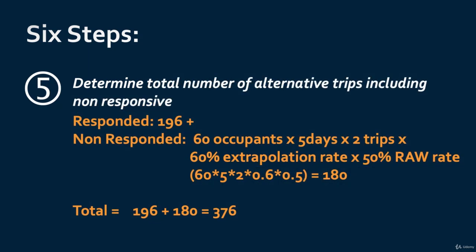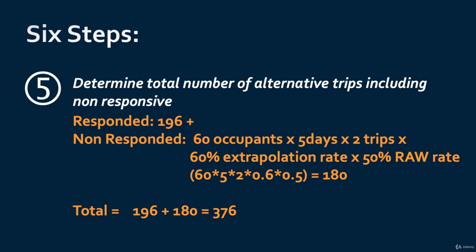This is the crucial part of the calculation. Determine the total number of alternative trips, including the ones of the people that did not respond. The ones that responded, straightforward, 196. Now, how to calculate the ones that did not respond? We have 60 occupants that did not respond, times 5 for the number of days, times 2 for the number of trips that they made.